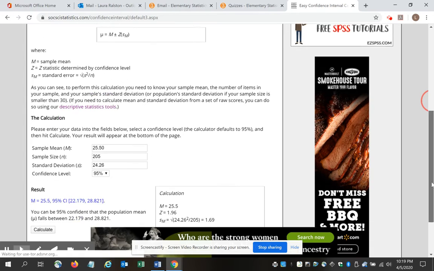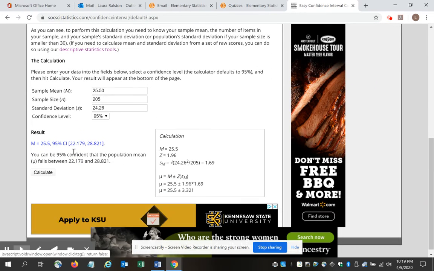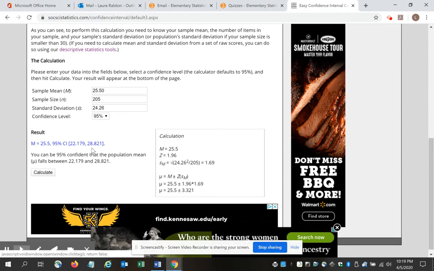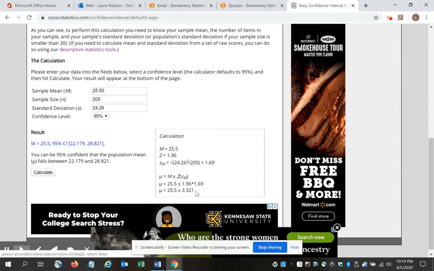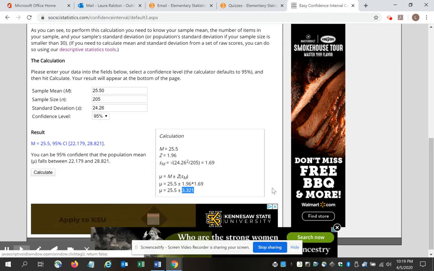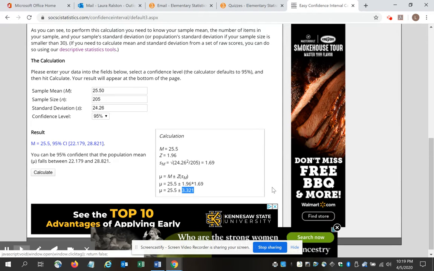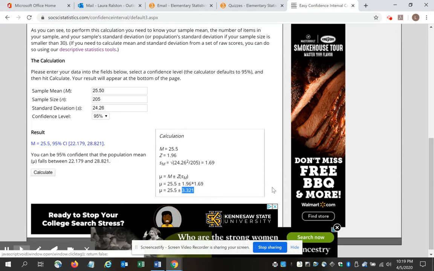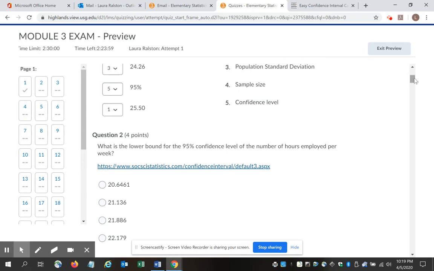When I scroll down to the bottom in blue, I get the lower bound, which is 22.179, the upper bound, which is 28.821, and remember the number on the last slide in the box here on the right-hand side is going to be your error bound margin. Okay, so all the numbers are given to you.